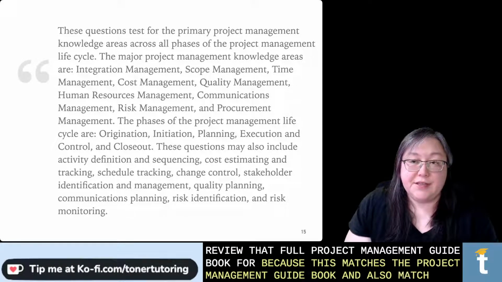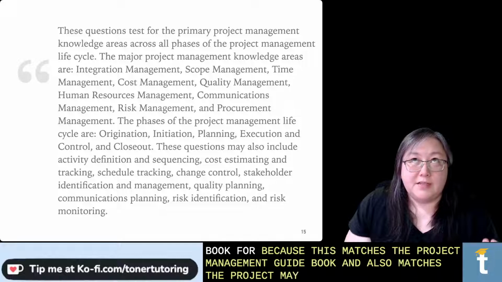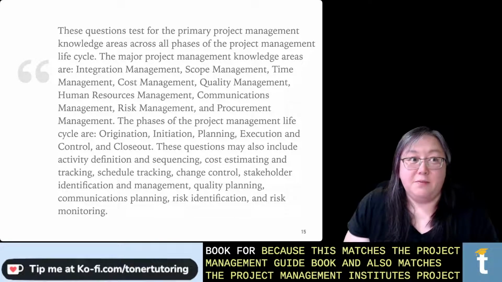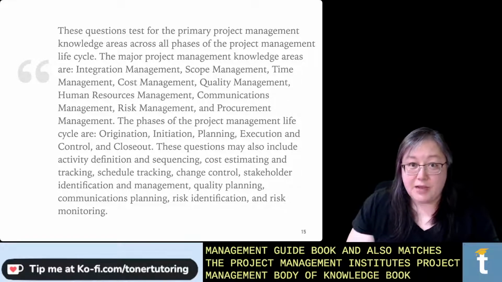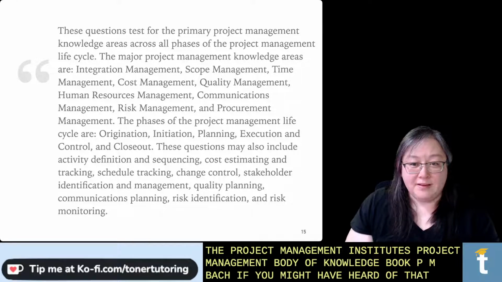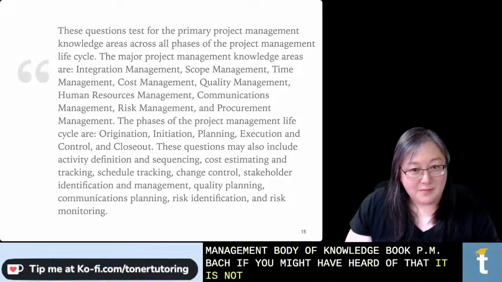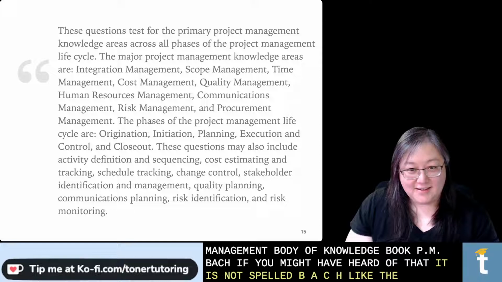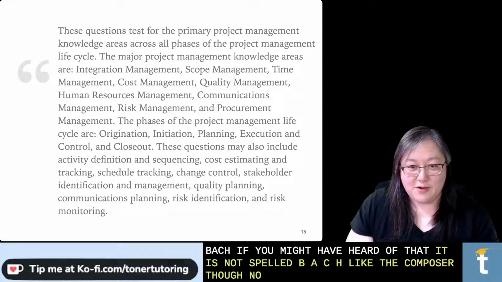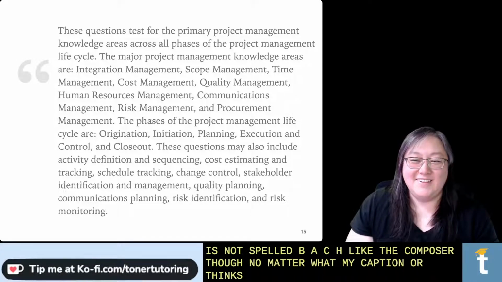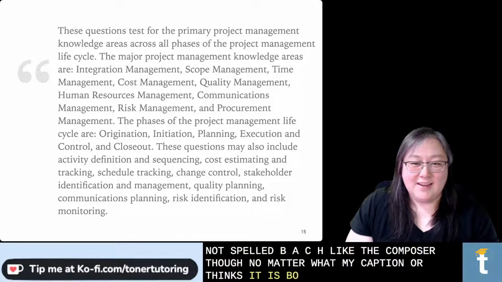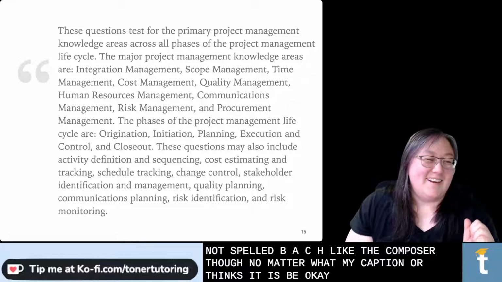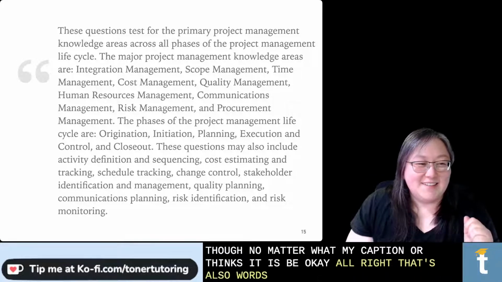It also matches the Project Management Institute's Project Management Body of Knowledge book, PMBOK, if you might have heard of that. It is not spelled B-A-C-H like the composer, though, no matter what my captioner thinks. It is B-O-K. All right, that's also words. Cool, good job, captioner.